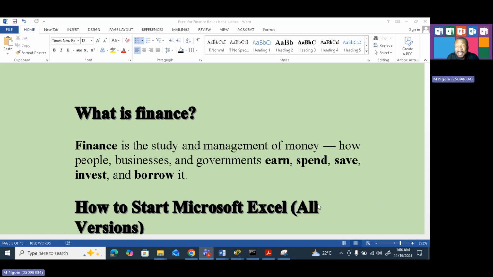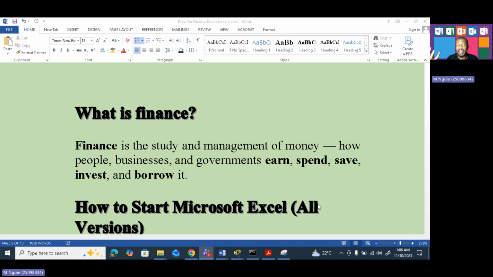What is money? How to manage money? And how people, businesses, and governments earn, spend, save, invest, and borrow it.